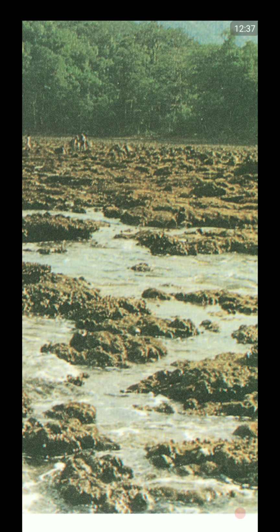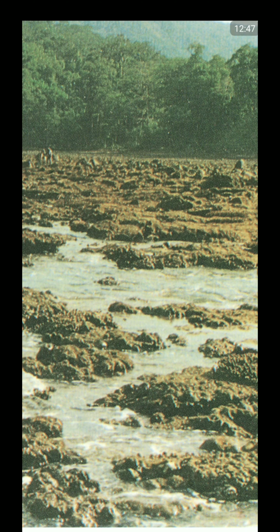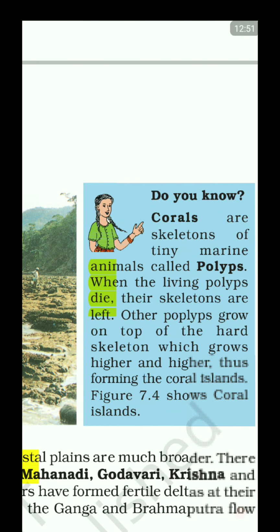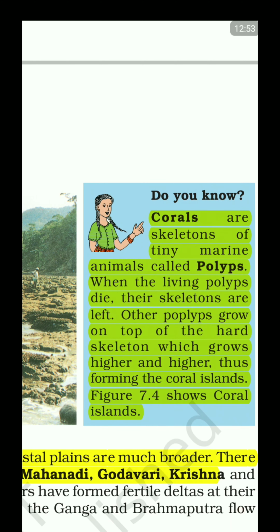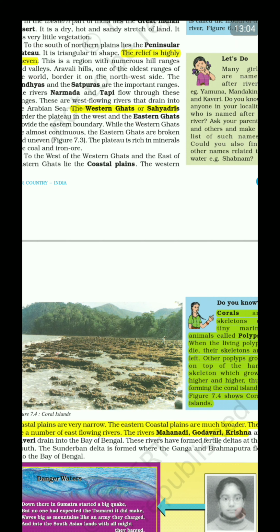Lakhs of years have gone into forming this. A complete island has formed because of polyps. We must be thankful to the polyps, right? As it is written, the polyps grow on top of the hard skeleton, which grows higher and higher, thus forming a coral island. So Lakshadweep is a coral island, but not the Andaman and Nicobar.